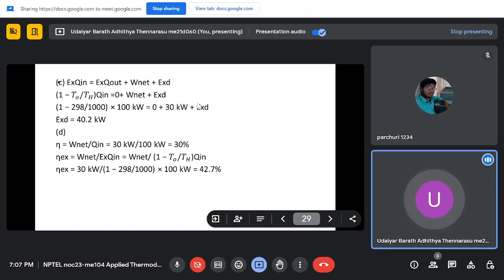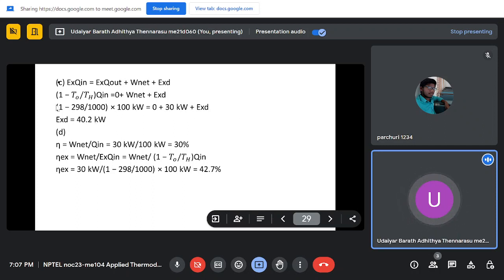Because the cycle is not ideal or reversible, it has some irreversibilities, and that irreversibility is generating this exergy destruction. Out of that 70.2 kilowatts of exergy which you can get if it's running as an ideal Carnot cycle, you are generating only 30 kilowatts, and the rest, 40.2 kilowatts, is getting destroyed.